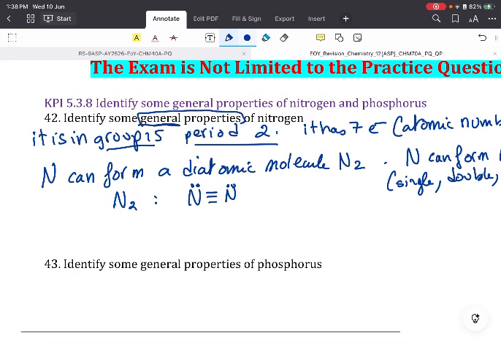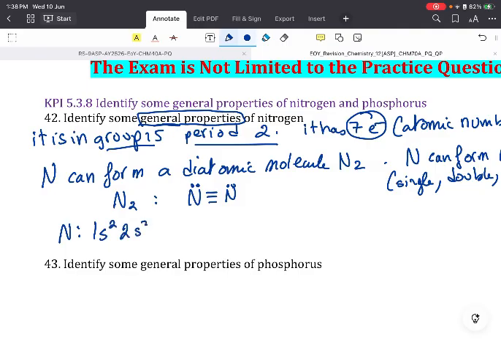And also when they tell you general properties of nitrogen, let's mention the electron configuration of nitrogen. So I said it has 7 electrons, so 1s2, 2s2, and 2p3. So these are the basic, the general properties of nitrogen.